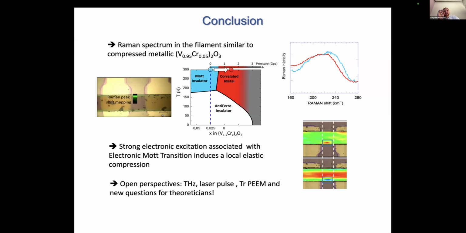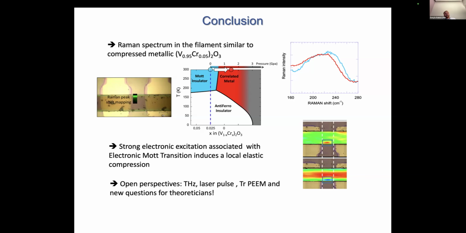Then we see that the electric mode transition induces a local filamentary path and local compression of the lattice of the material. It opens new perspectives for other applications. For example, we can probably make it faster by applying terahertz laser pulses, or by doing other studies.